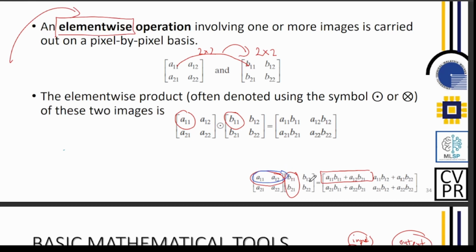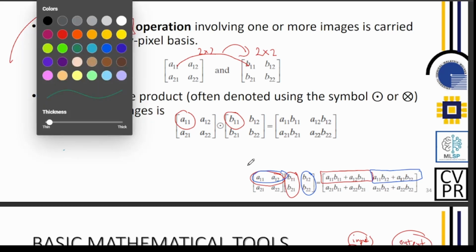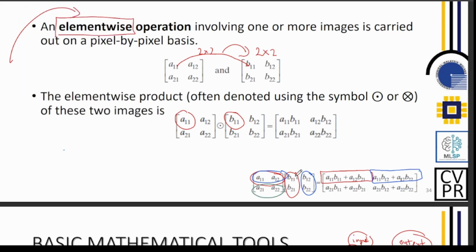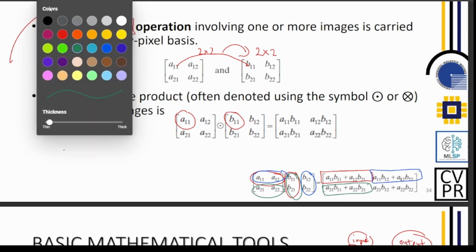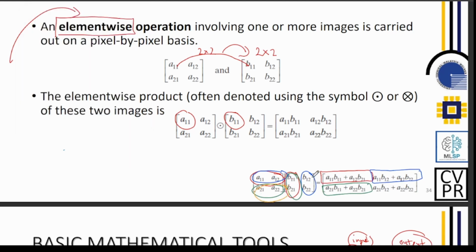Blue is this and that, so that becomes blue. That would be a product. So let's talk about the green. This one and this one become green. Orange, this one and this one become orange. So that would be the difference between this and that.